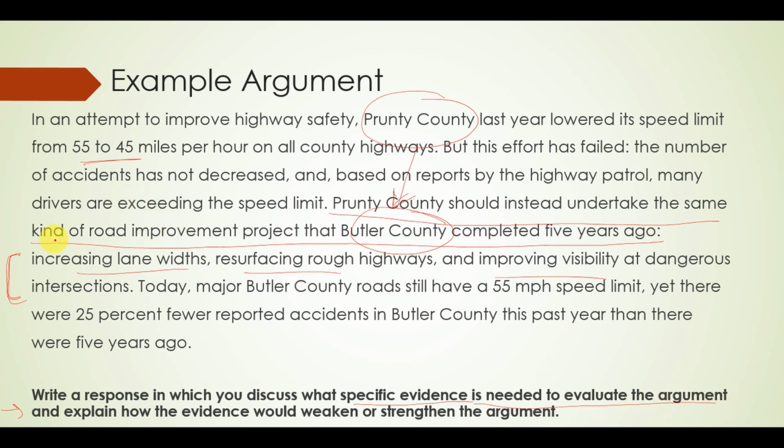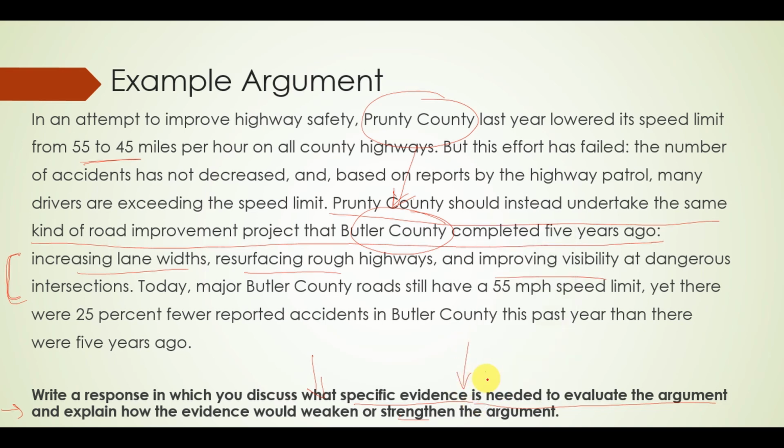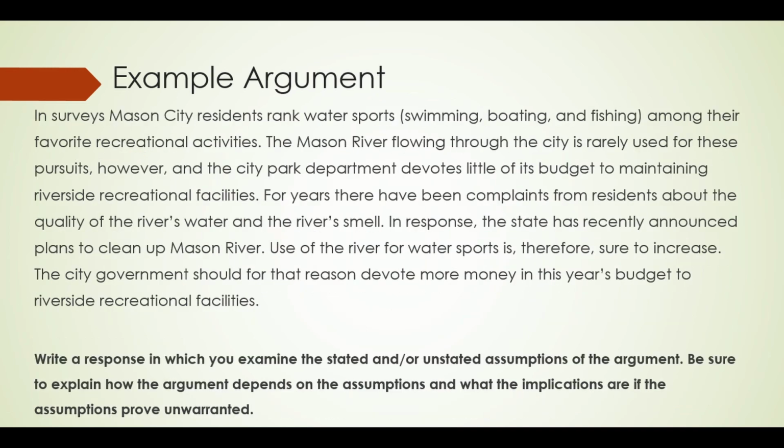So once again, you should talk about the flaws as well as additional information that would strengthen the argument. The flaws would explain how the argument is weakened, and the improvements would guide how the argument would be strengthened. So this is the first example argument. Now let's talk about another example argument.